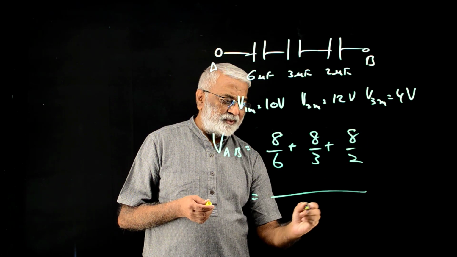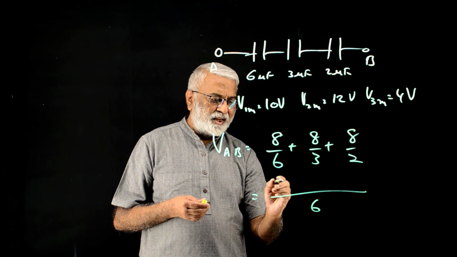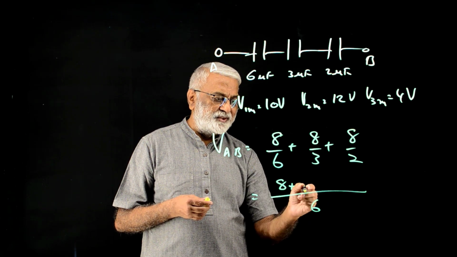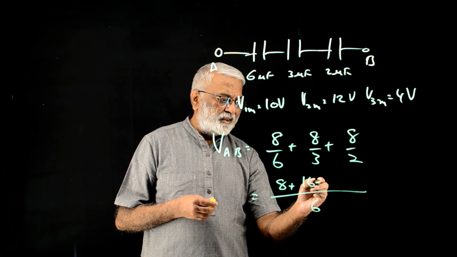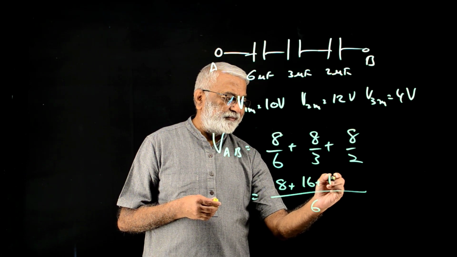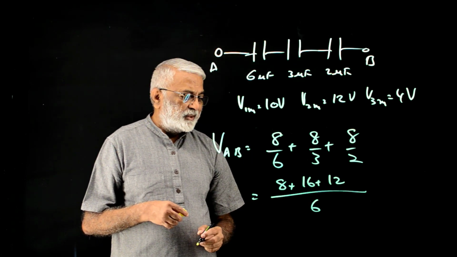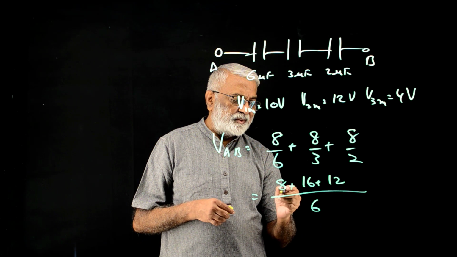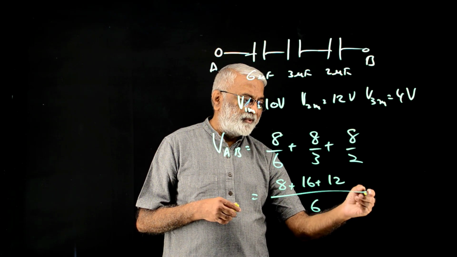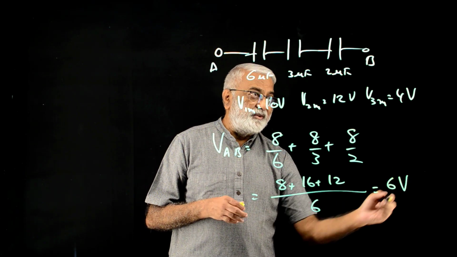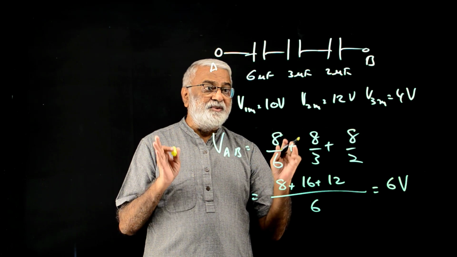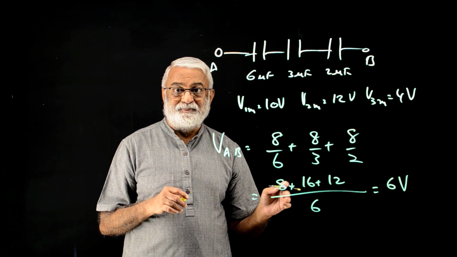LCM is 6. 8 plus 16 plus 12, so this will give us 36 by 6. This is 6 volt. The maximum potential which can be applied to this combination is 6 volt.